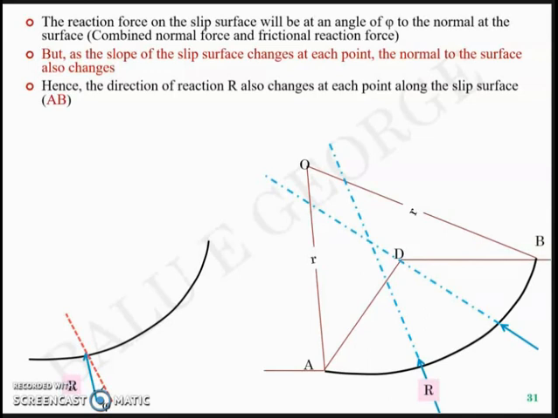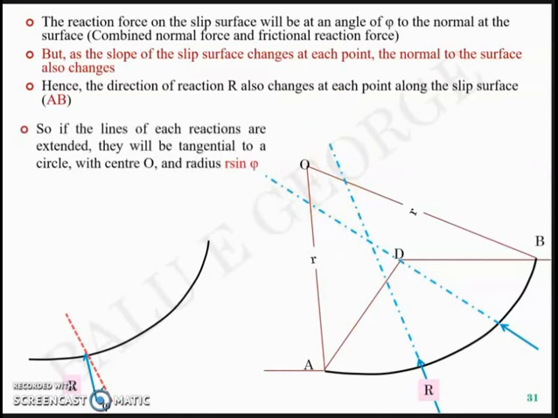In general, you can assume these lines extended to be reaching near the center O. So once they reach near the center O, you can assume there's an imaginary circle which is tangential to all these lines extended. Now that imaginary circle will have center O and radius r sine phi.